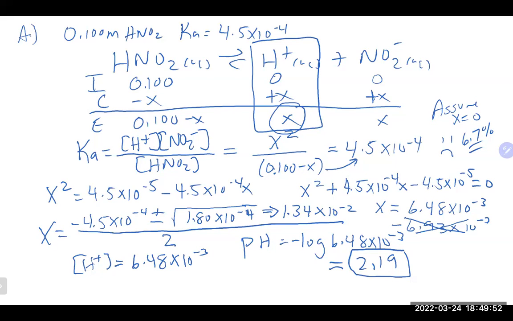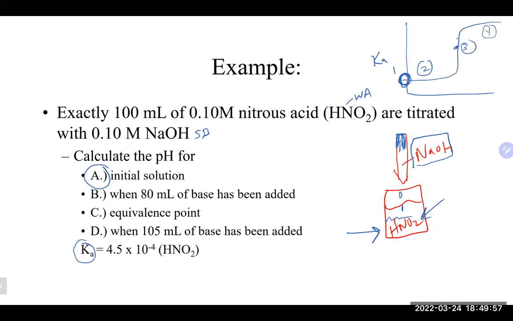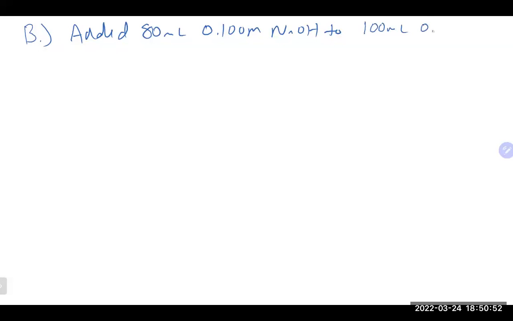And in part B, we're going to actually be adding here some sodium hydroxide. How much? 80 milliliters. All right, so B is, we added 80 milliliters of our 0.1 molar sodium hydroxide. Okay, so adding 80 milliliters of 0.1 molar sodium hydroxide to our already 100 milliliters of 0.1 molar nitrous acid.